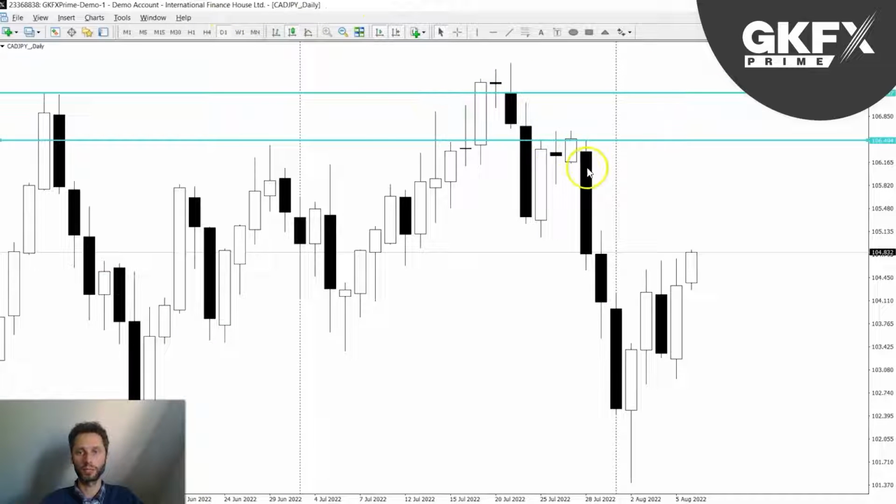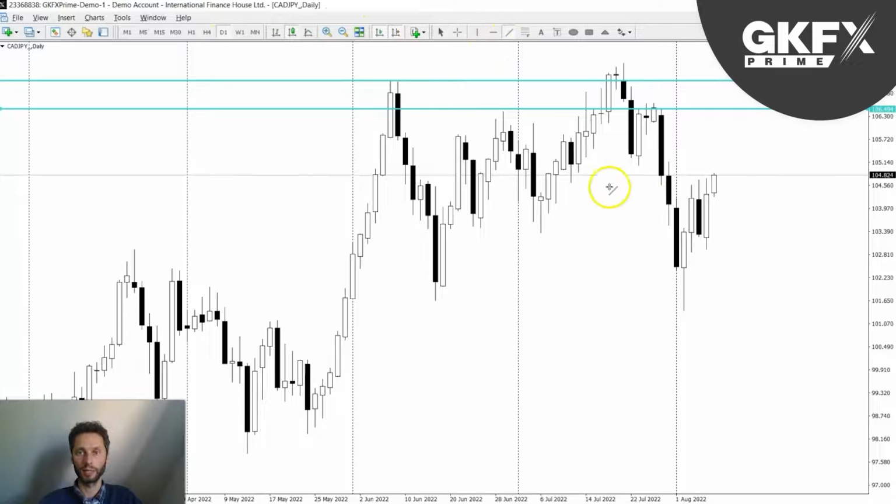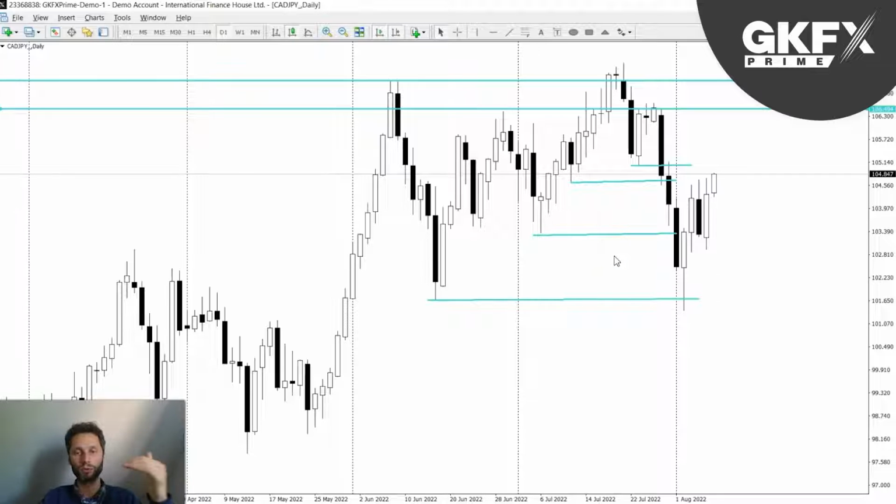And after it rejected, if I go to the daily, I can see that multiple structures have been broken. We've had this low being broken, low being broken here, low being broken here, and indeed also here. So that indicates to me that the market has more downside. It's now breaking structures, and we have got a sell bias to the downside.